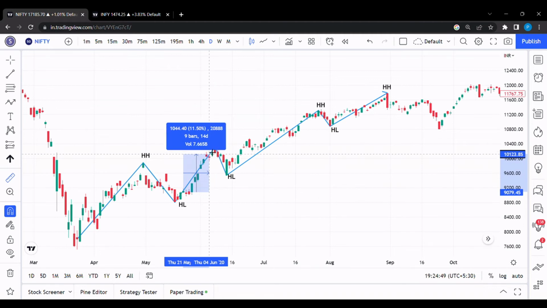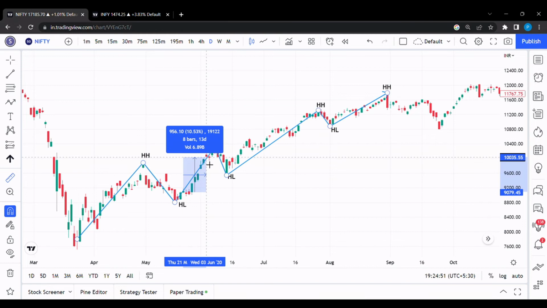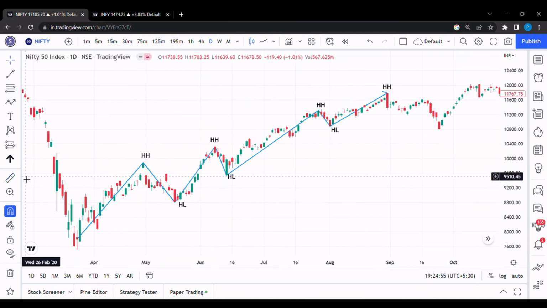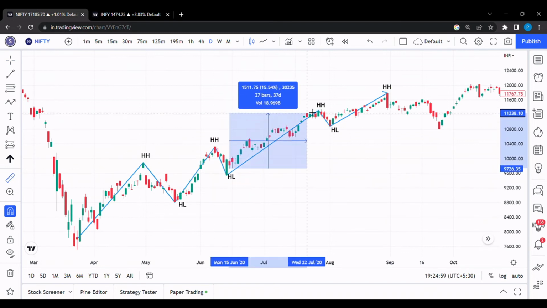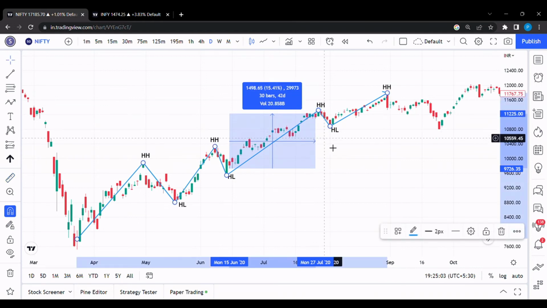But even if you hold 2-3 candles before, it will give a 10% return. If you made an entry over here after this green candle, you will have around 15 to 16% return in just a matter of 42 days.